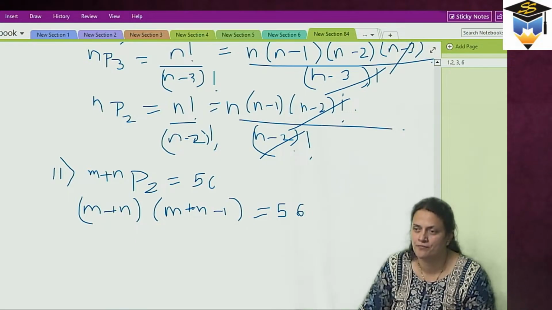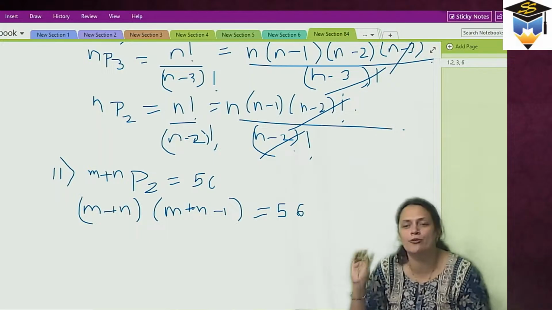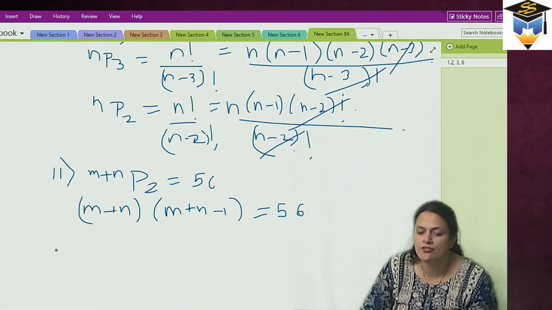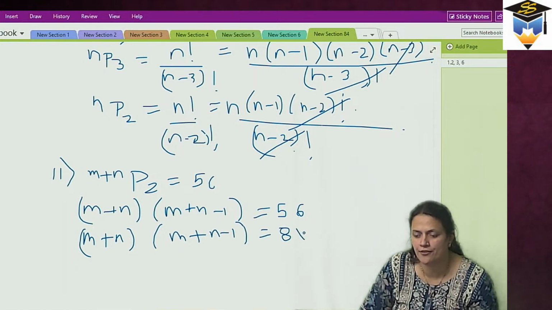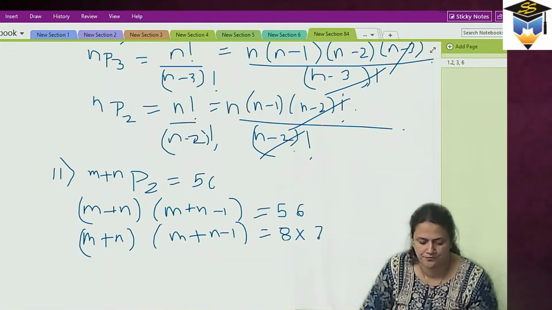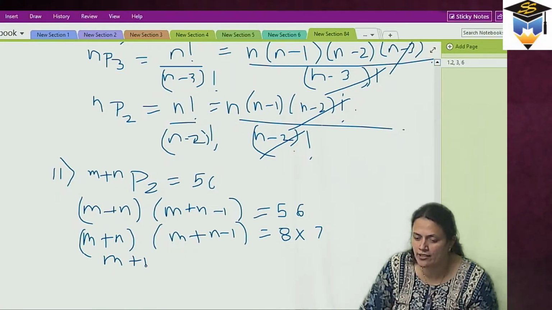Now from 56, we have to take factors that are consecutive numbers, meaning numbers which come one after the other. What are the factors of 56? 7 and 8. Correct. So this is going to be 8 into 7. So can I say m plus n is equal to 8 as my first equation?